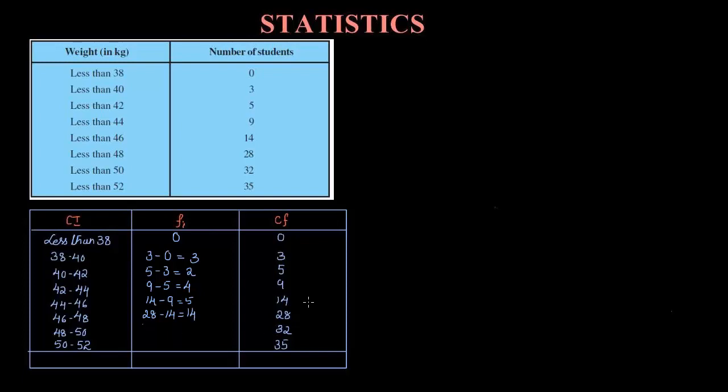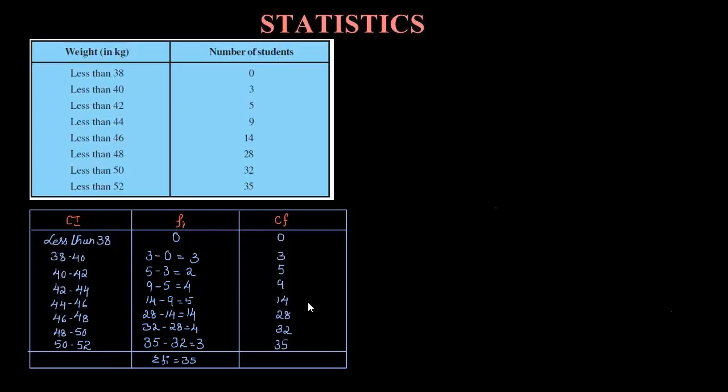Then 32 minus 28, which is equals to 4. 35 minus 32, which is equals to 3. So if you are adding all the frequency, that is summation fi will be equals to 35, right? You can pause the video and you can add it and just check it is 35 or not.